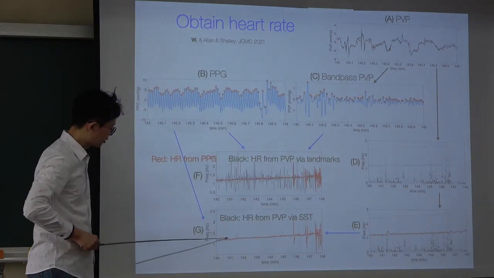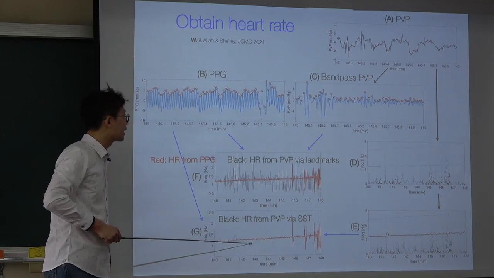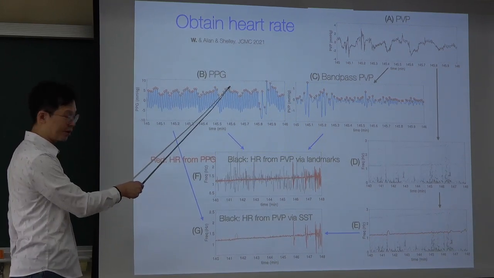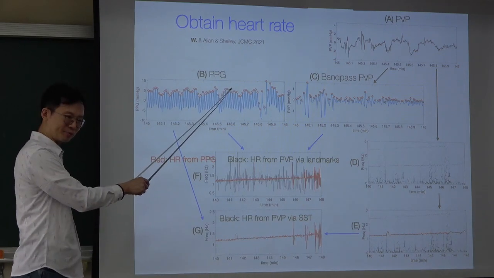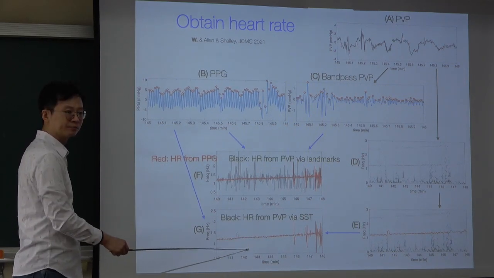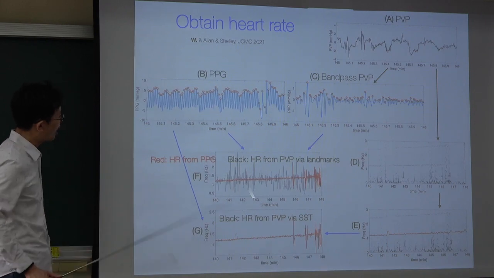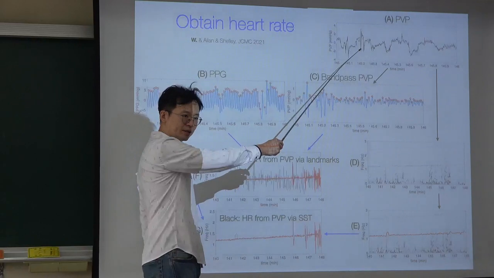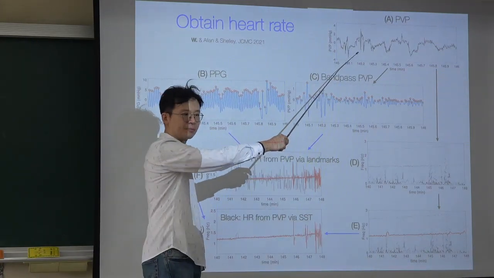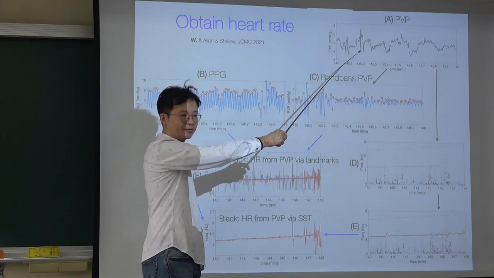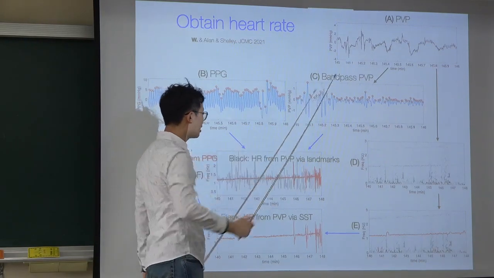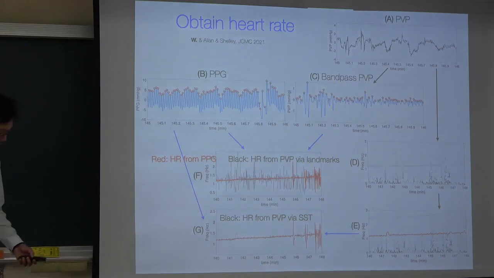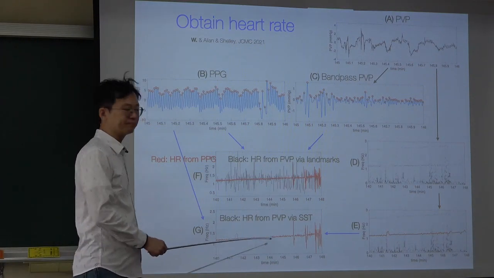So you see the heart rate now coincides with the heart rate determined from the photoplethysmography signal very well. So it tells you that although the PVP signal looks very crazy, it does contain useful information like heart rate that can give us more or companion information.